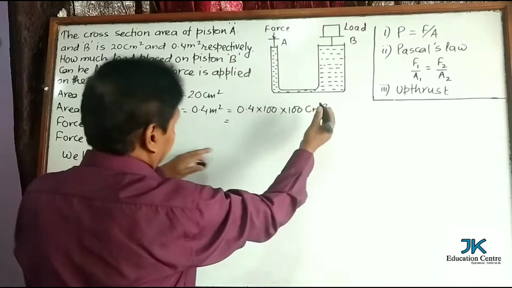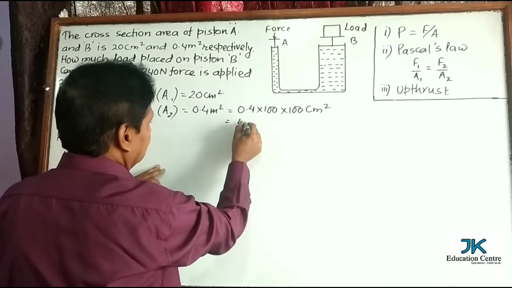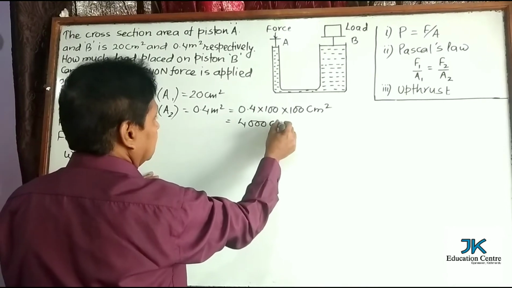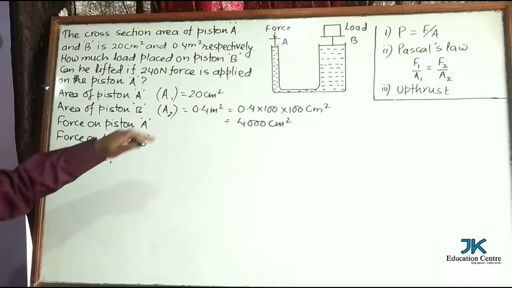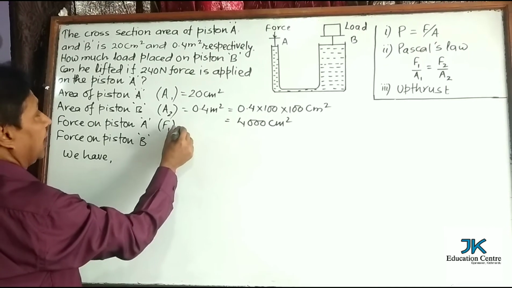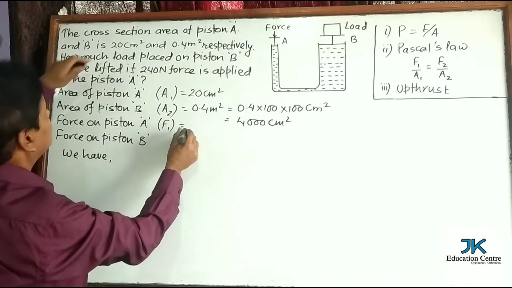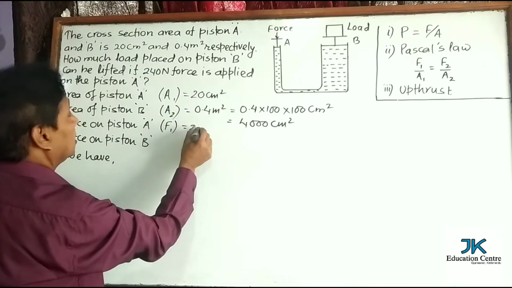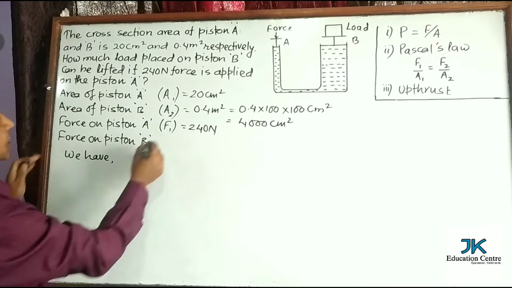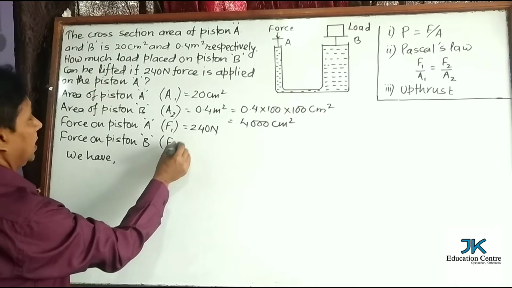Multiplying all this, it is 4000 centimeters square. Now force on piston A, F1, is given here: 240 Newton. And force on piston B is represented by F2.